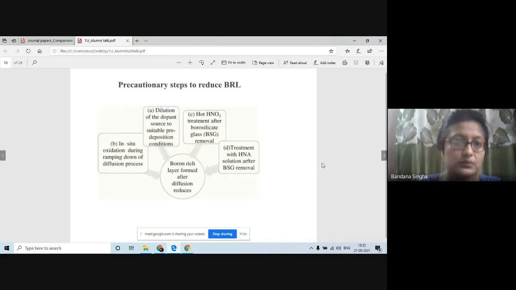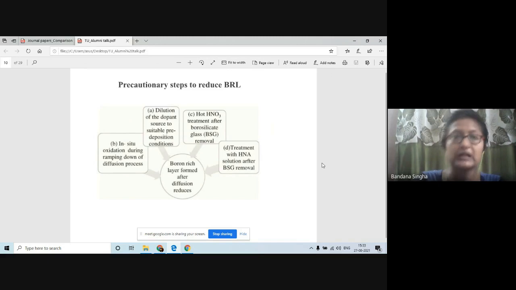So what are the precautionary steps? First, if we are using a dopant source, it's very essential that the dopant source concentration is suitable so that it doesn't result in a very thick boron rich layer on the emitter surface. That is the first thing.